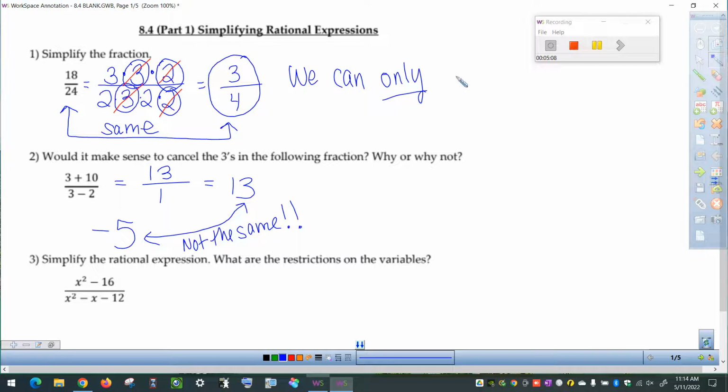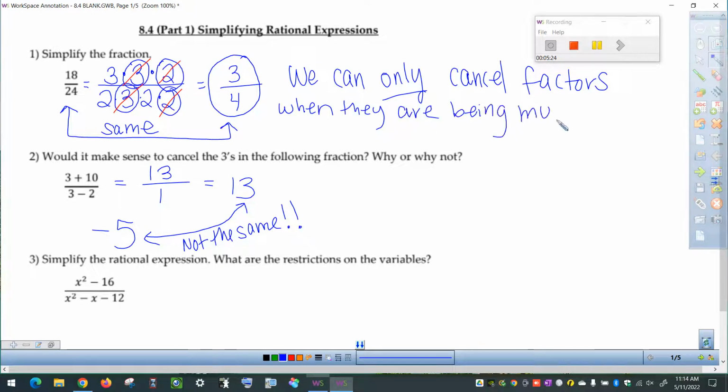Just a reminder that we can only cancel factors when they are being multiplied on the numerator and denominator.